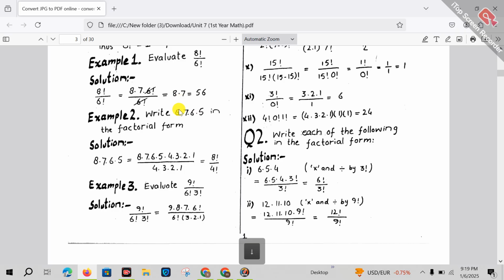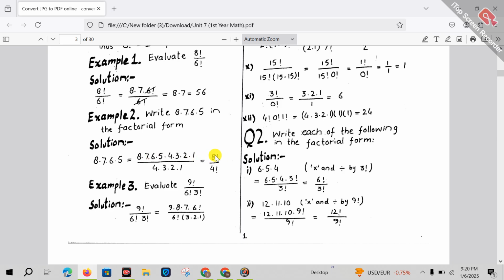Here we are given a number without factorial, and we have to convert it into factorial form. So we know 8765, and we have multiplied it with 4, 3, 2 and 1. What is the reason for this multiplication? The answer is that we have to convert this number into factorial form.